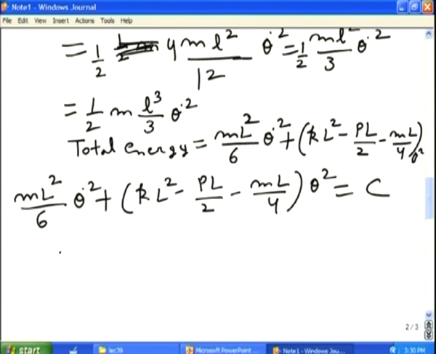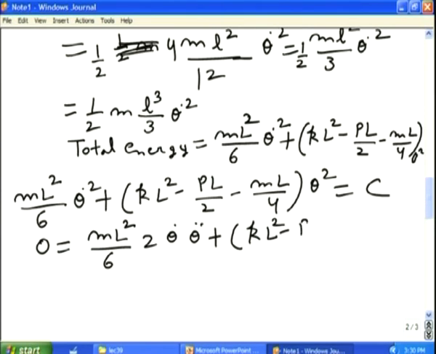Now differentiate, this is equal to constant. So differentiate it with respect to time. This expression can be differentiated with respect to time, and then you get 0 is equal to ml square by 6 into 2 theta dot theta double dot plus KL square minus PL by 2 minus ML by 4 into 2 theta dot theta.